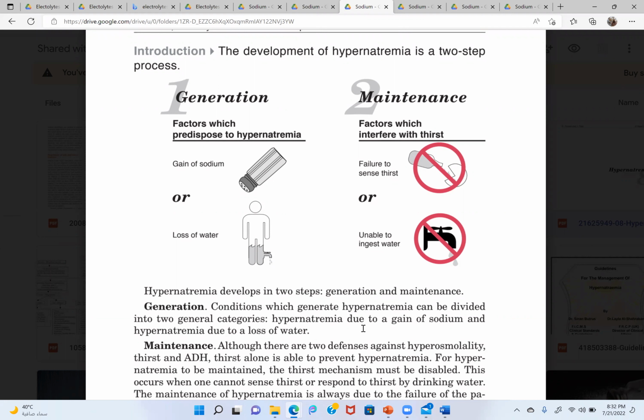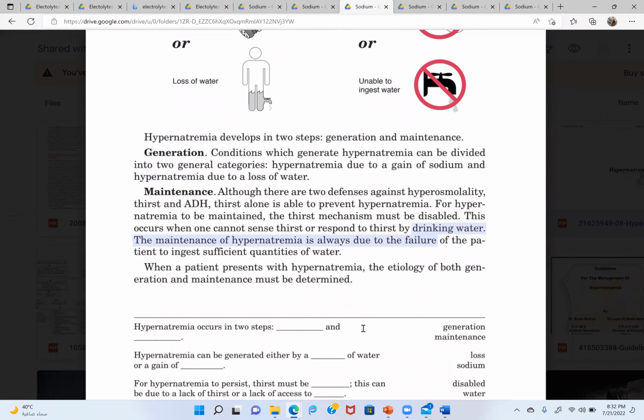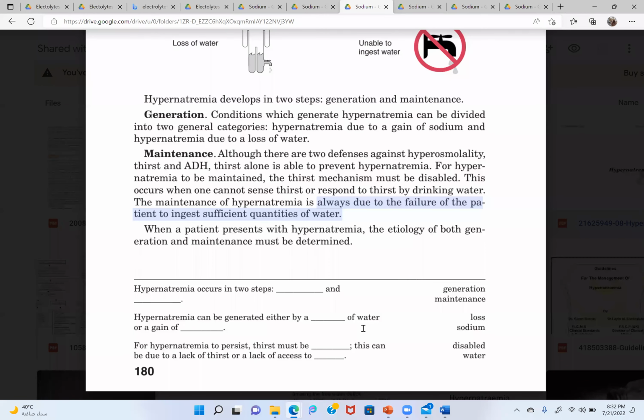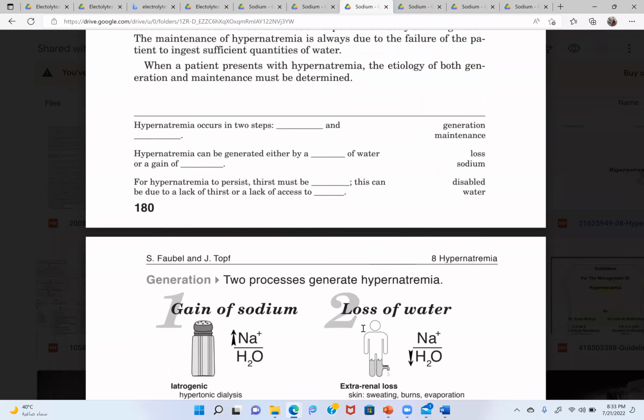Although there are two defenses against hyperosmolarity, thirst alone is able to prevent hypernatremia. If you are able to take water, hypernatremia will not occur.